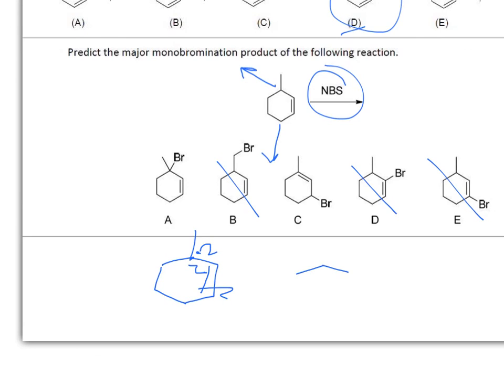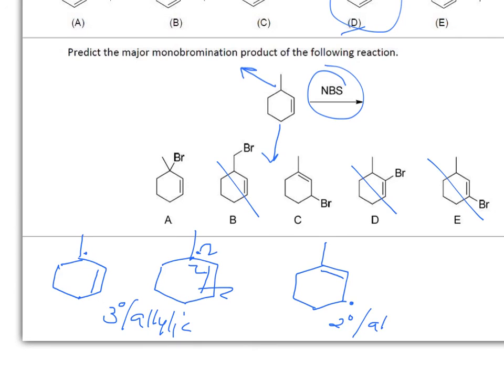So you would end up with a double bond and a secondary free radical, or you would have the free radical which is tertiary and allylic. So this is tertiary and allylic, and this is secondary and allylic.